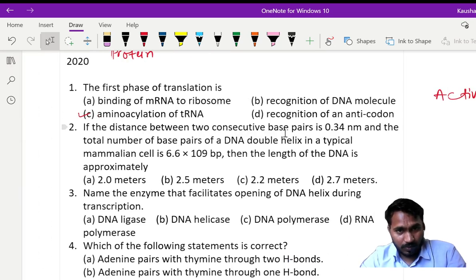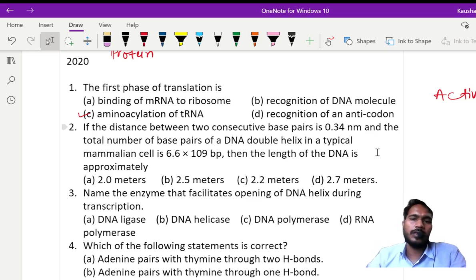If the distance between two consecutive base pairs is 0.34 nanometer, then total number of base pairs... If you want to calculate this, you can calculate the length of DNA like that.